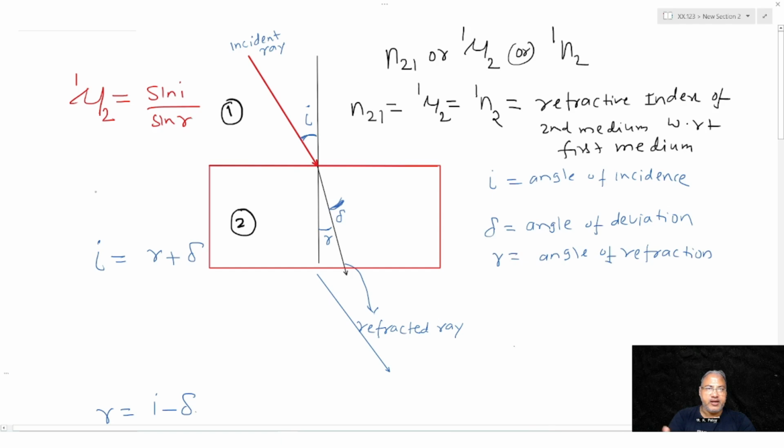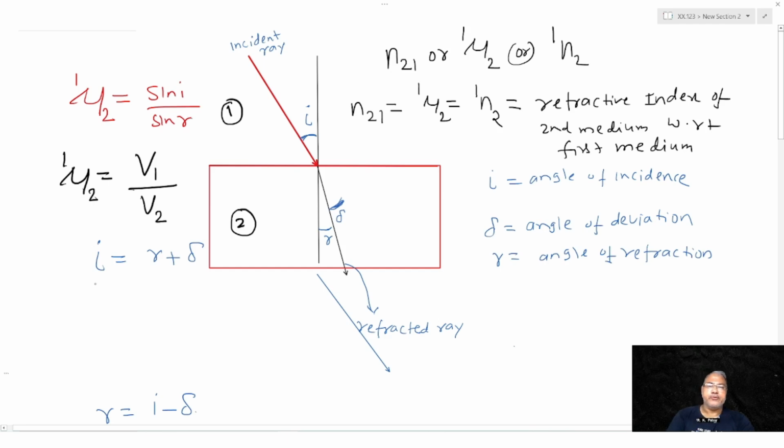So we can correlate the refractive index with the speed of light. The refractive index of the second medium with respect to the first medium equals the speed of light in the first medium divided by the speed of light in the second medium.